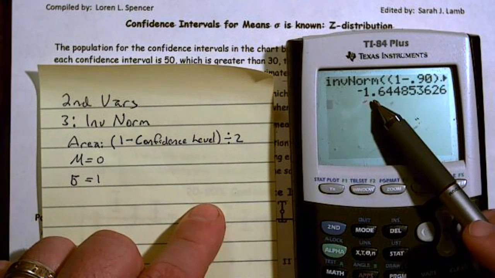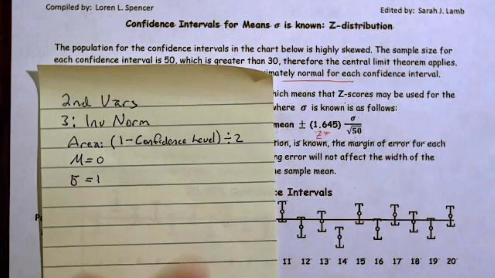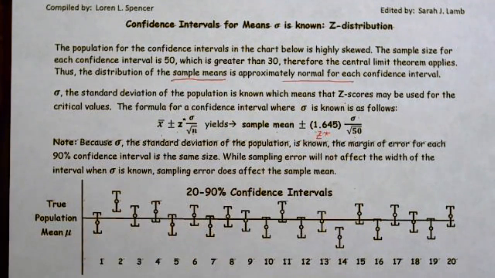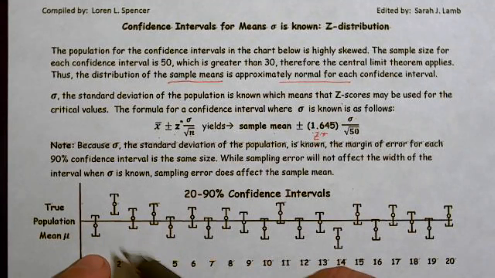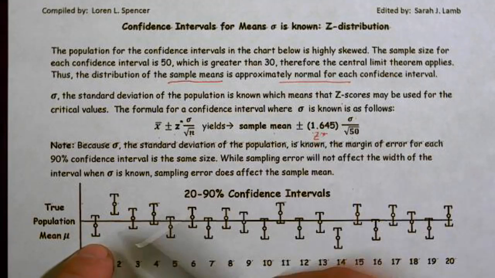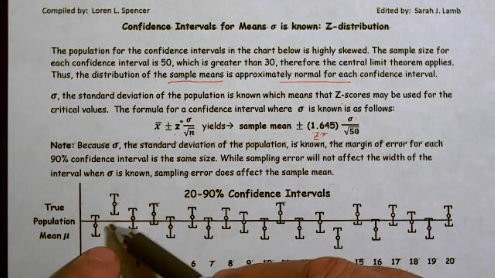So plus or minus 1.645 is our z star. Now, our population standard deviation is known, and so it's not going to vary. So all of our interval widths are going to be the same.